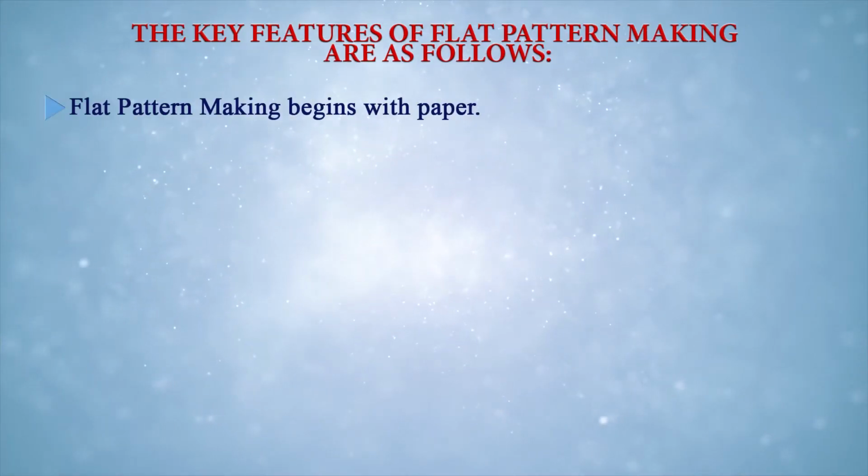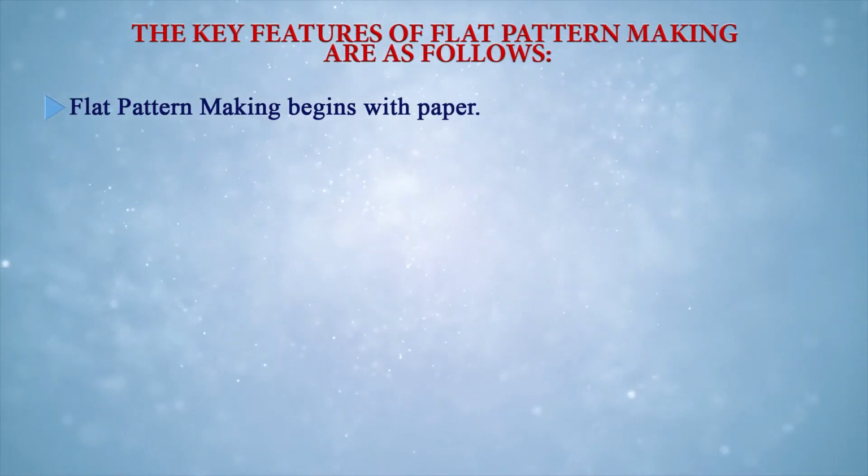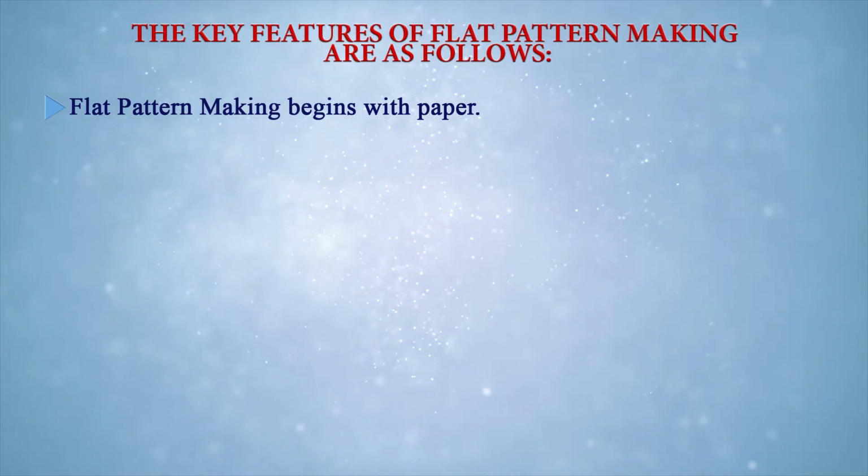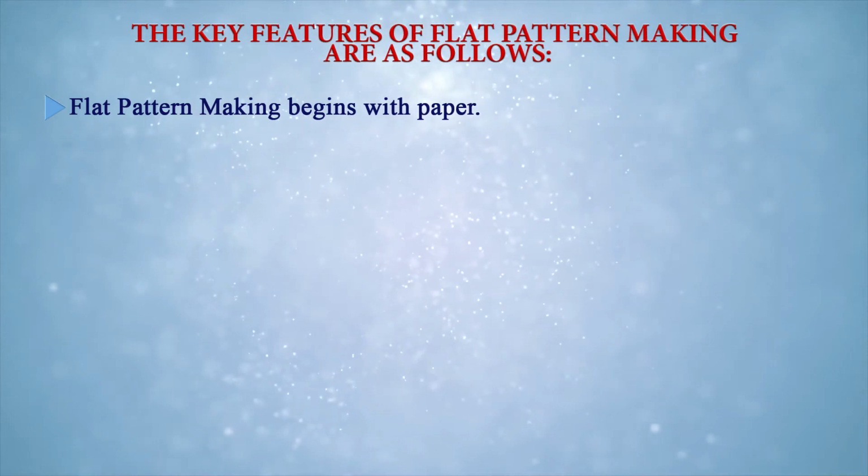So this is the basic bodice block, or the basic blocks, or the sloper, we use to develop the final garment. Then there are some key features of flat pattern making which you should follow. Flat pattern making begins with the paper. This is very important to note because this is the basic difference between drafting and flat pattern making.